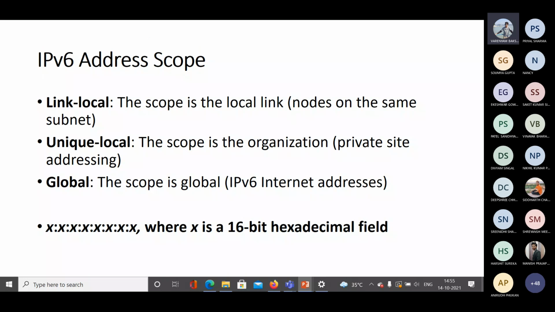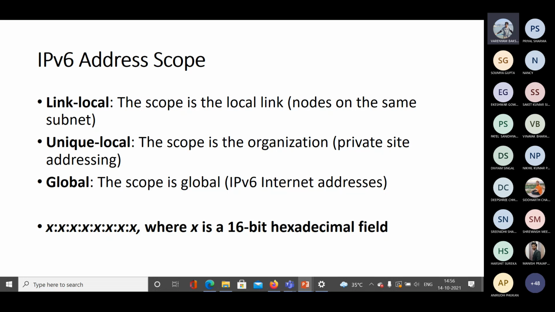We do have something else to add, that is IPv6 address scope, where we will see the different types of address scopes, that is link local, unique local, global, and what this address scope actually means. That is what we are going to do in the next class.